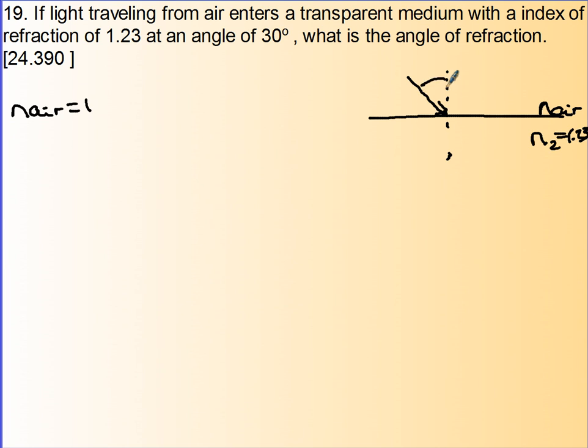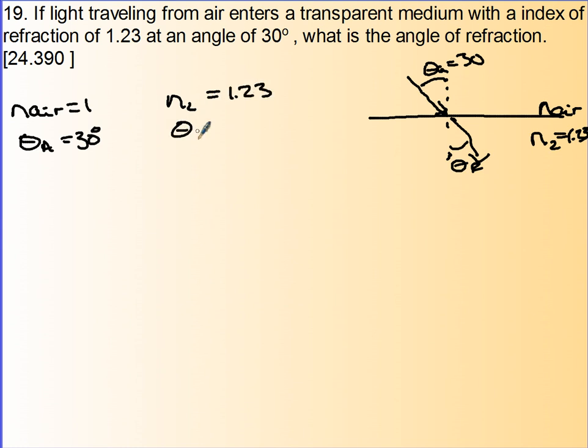All right, so this is 30. I'm just doing the diagram. You don't have to do it. Theta R. Okay, N of air is 1. Theta of air is 30 degrees. Index of your material is 1.23, and we're looking for theta.